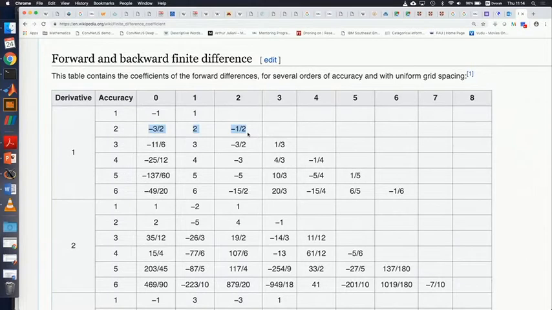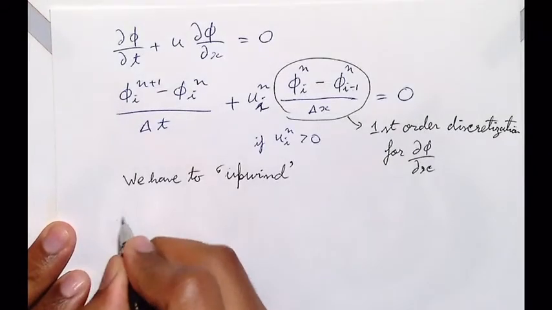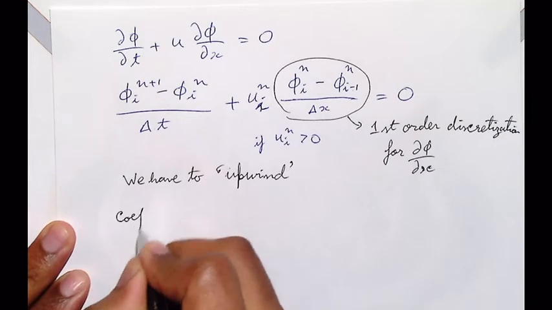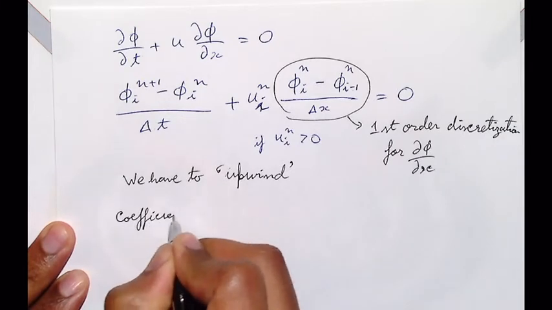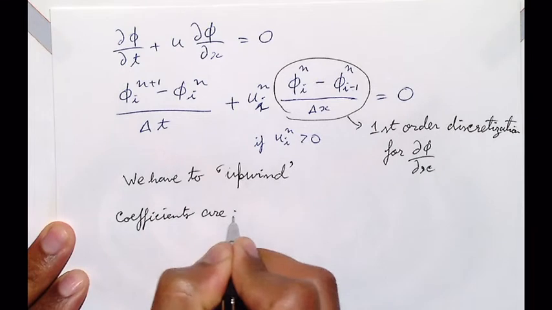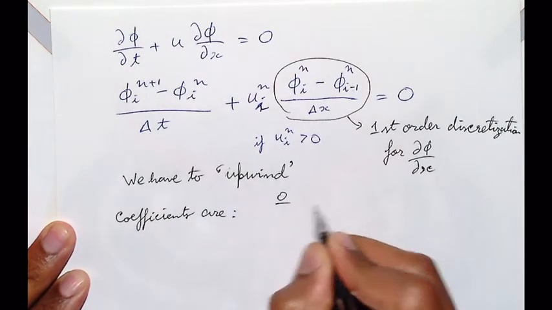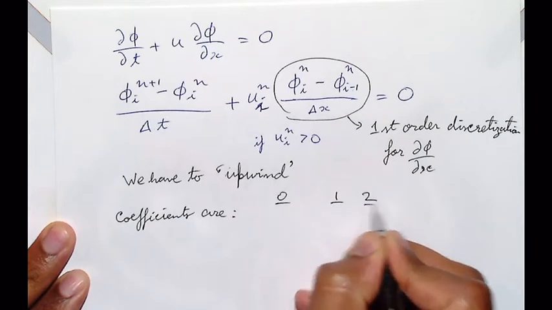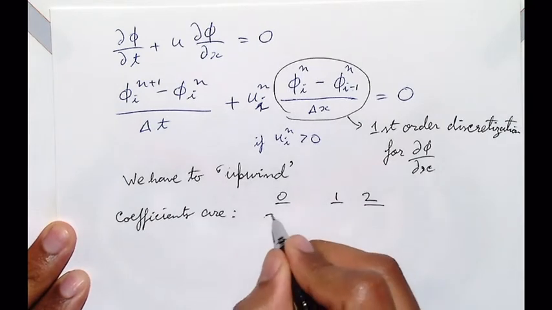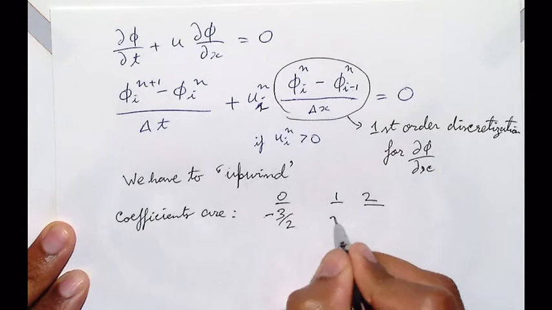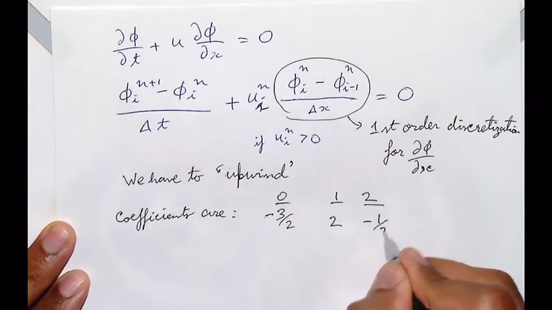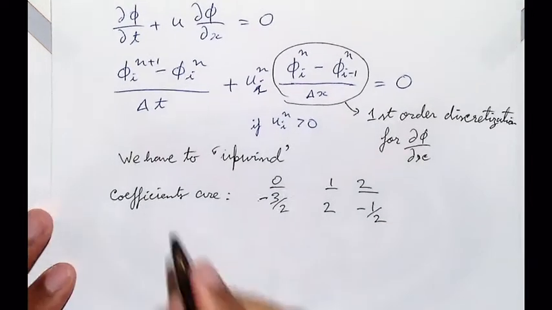And you can write that as a derivative. Let me just write down the coefficients. Coefficients are for 0, 1, 2. We have here in the table minus 3 over 2, 2, and minus 1 over 2.